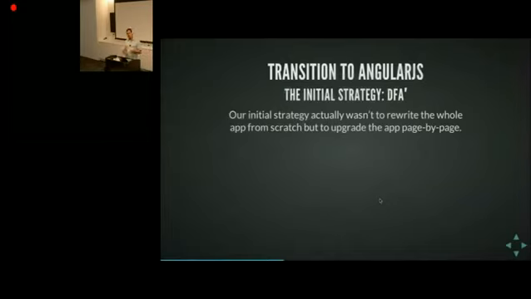Our original strategy was actually around updating the application page by page, view by view. So we would take a section of the app, and that might have multiple pages in it, and we would just make that page in Angular and co-deploy these two applications. And essentially by using a smart routing mechanism, depending on the URL, you'd either go to the Angular version or the old version. So we did this.